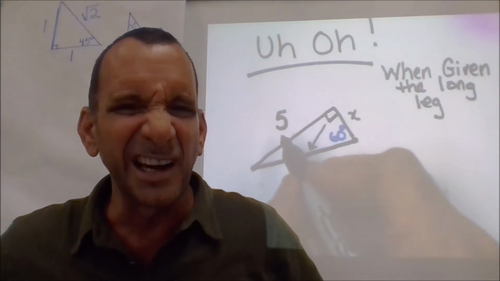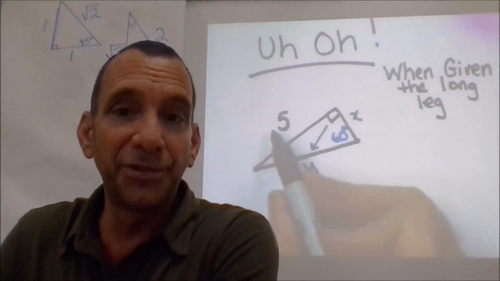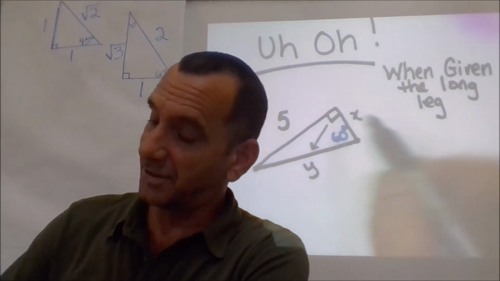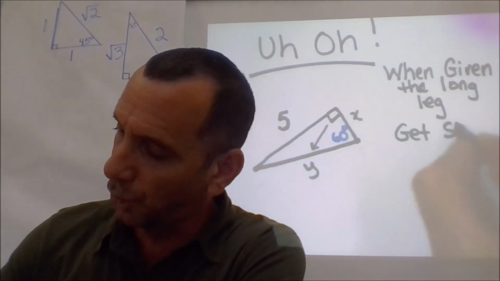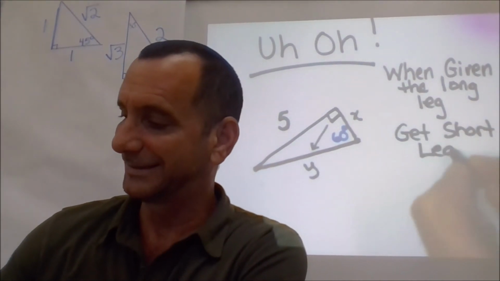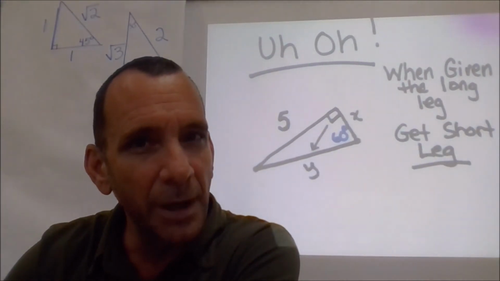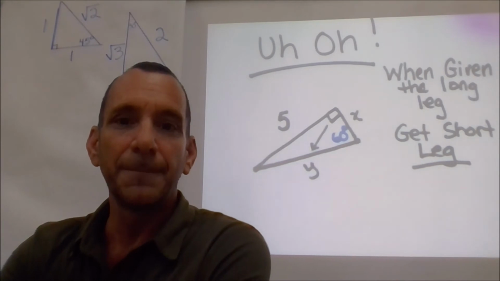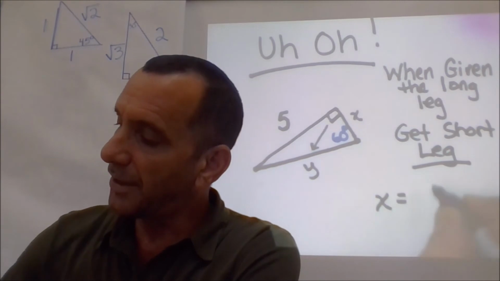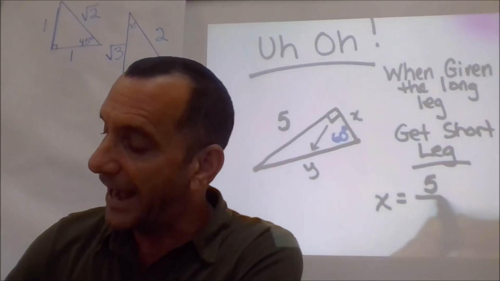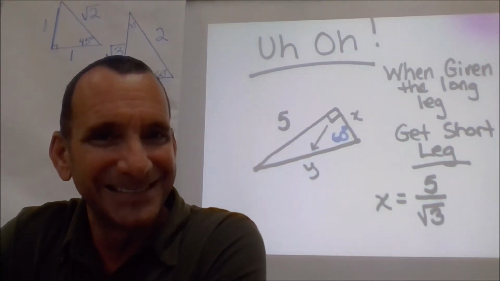We're given the long leg. And the best way to get any of these is to go through the short leg first. So we're going to get the short leg first. Well, if the short leg times the square root of 3 is the long leg, then the long leg divided by the square root of 3 will give us the short leg.